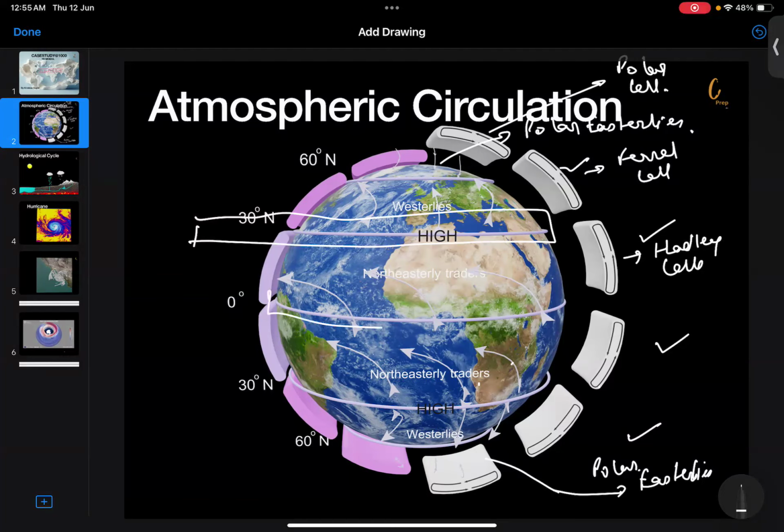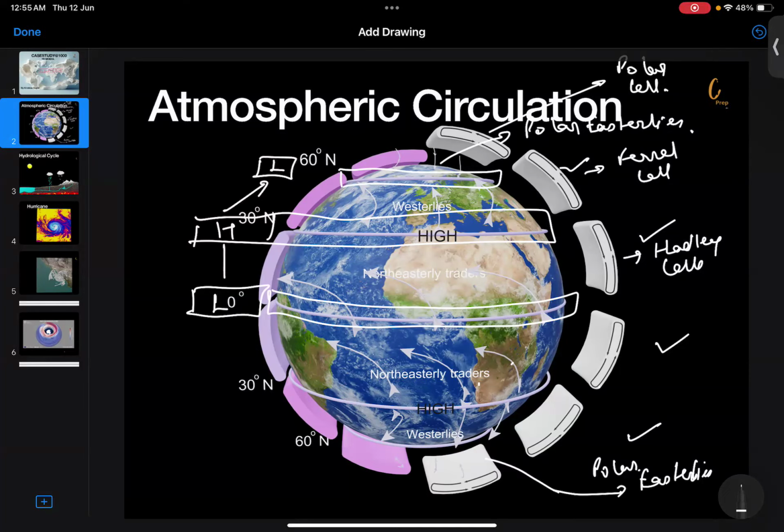At the equatorial part we have a low pressure system, and at the polar regions we again have a low pressure system. So this results in the formation of high pressure, low pressure, and high pressure systems. The winds always move from a high pressure system to a low pressure system, and again from high to low.